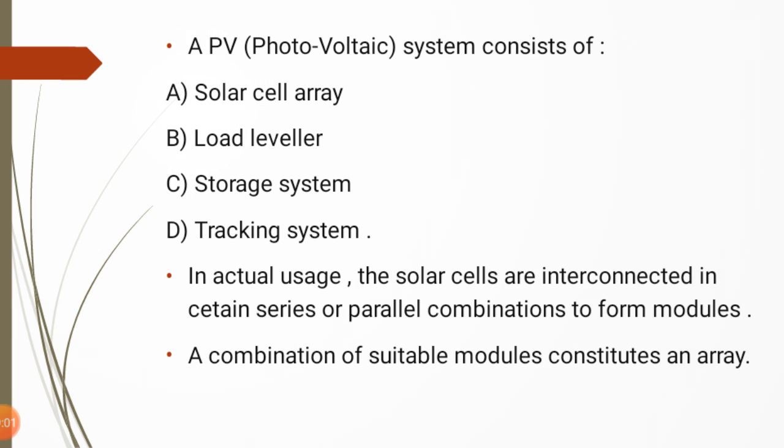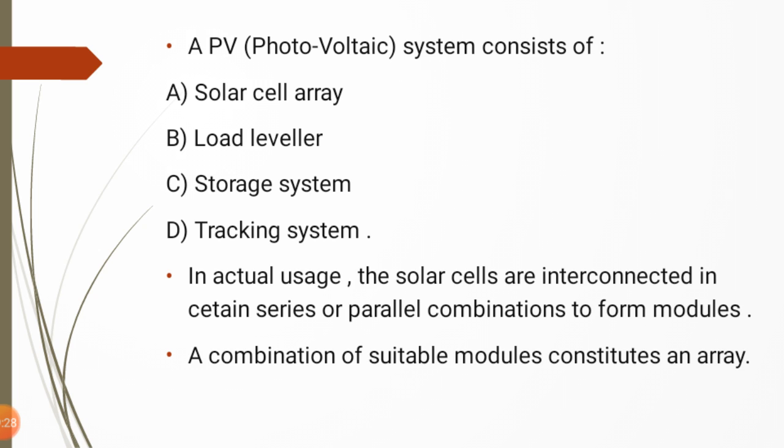Now a PV system consists of different parts, such as a solar cell array, load leveler, storage system, and tracking system. These are all different parts of the photovoltaic system. Solar cell arrays are a number of interconnected solar cells in either a parallel or series combination.